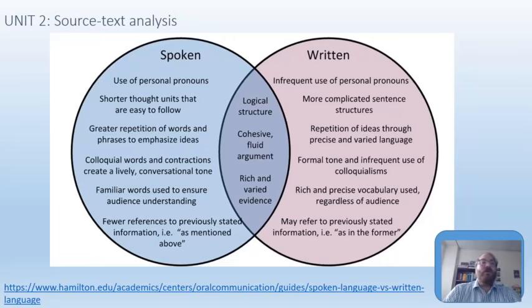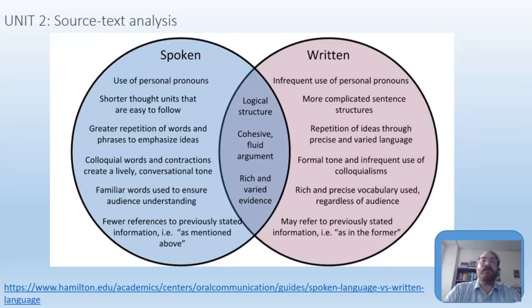We might see colloquial words and contractions which create a lively and conversational tone, familiar words to ensure that the audience understands, and less of these co-textual references, such as mentioned above, as we'll see below, things that signpost the existence of extra information in the text, because spoken language is inside time, so you can't go back.